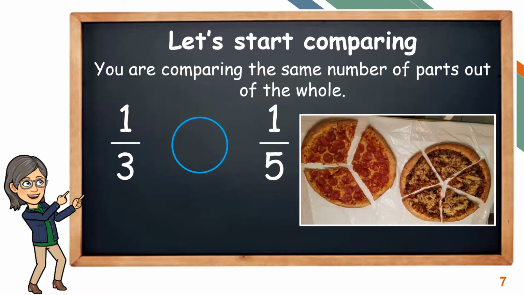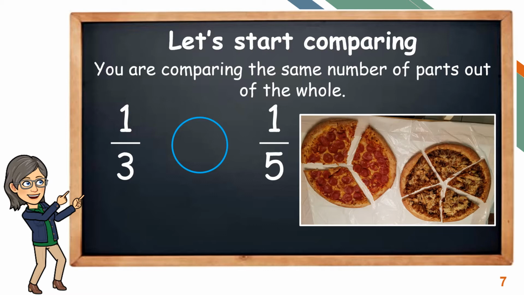I actually bought these two whole pizzas for dinner last night, divided them up according to the denominators, and took a photo of them. So the 1/3 in the slide represents one slice out of 3 slices of the whole pizza that you see on the left side of my photo.